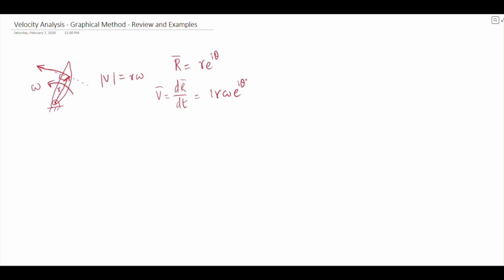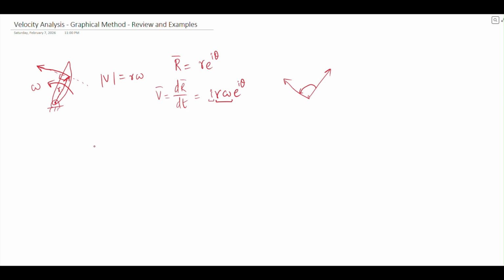So r omega, and then tilted by 90 degrees in the positive direction. So if the position vector was this way, the velocity vector would be turned 90 degrees and would form this direction. That's what we saw here.